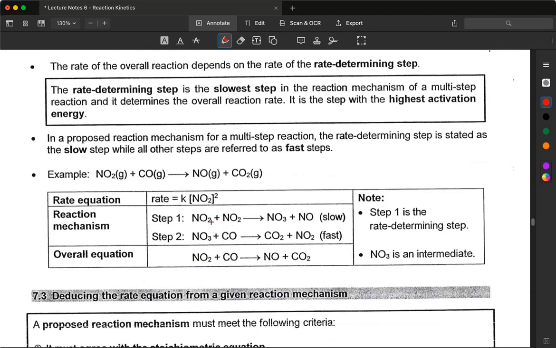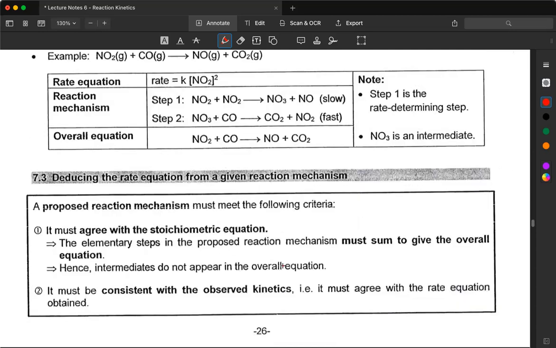For the overall equation, just add step 1 and step 2 to get NO2 plus CO gives NO plus CO2. NO3 is cancelled off, and of the 2 NO2 plus NO2, one NO2 is cancelled, leaving NO2 on the left-hand side.